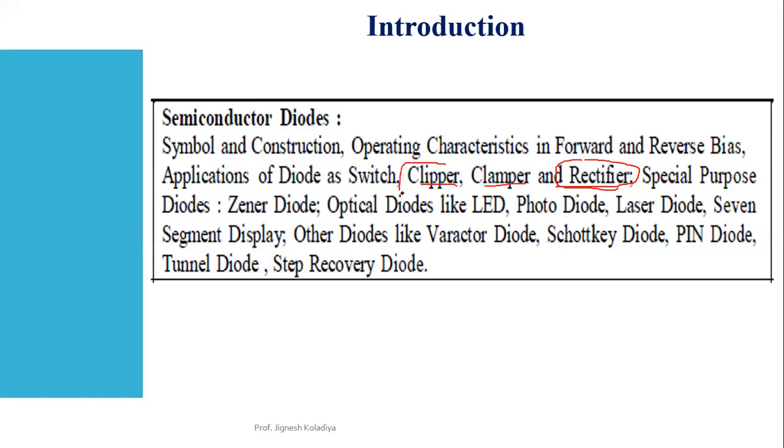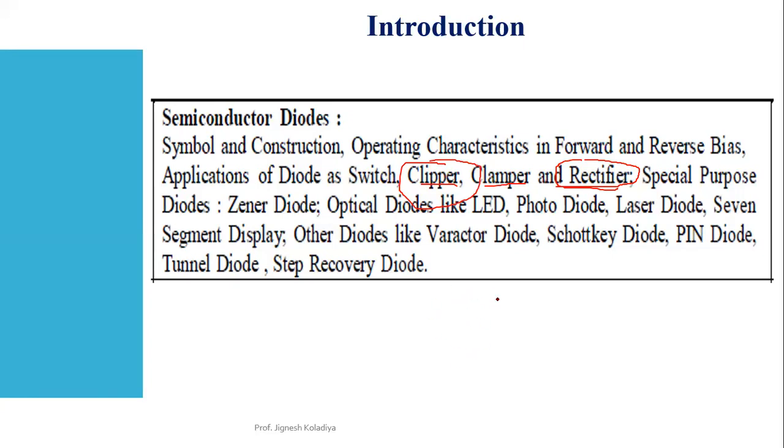In case of clipper, we have completed different types, like positive clipper and negative clipper. In positive we have series and shunt, as well as in negative also we have series and shunt.